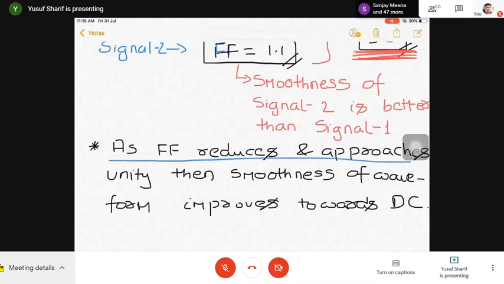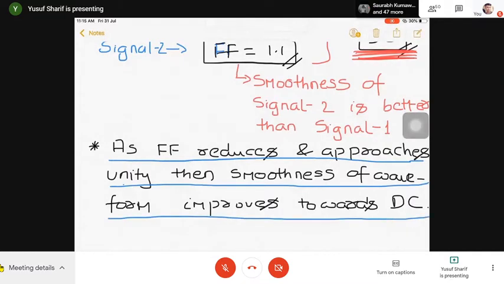Is this clear? The statement that I've written, जो भी मैंने explanation दिया था अभी उसको, I just concluded in a simple sentence that as the form factor reduces and approaches unity, then smoothness of waveform improves towards DC. Is that clear?